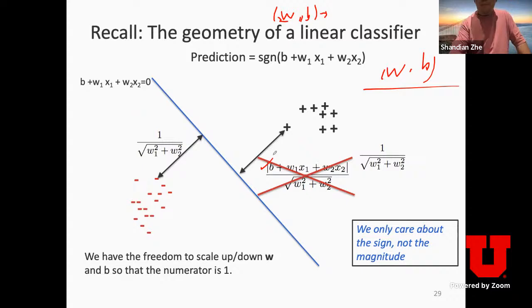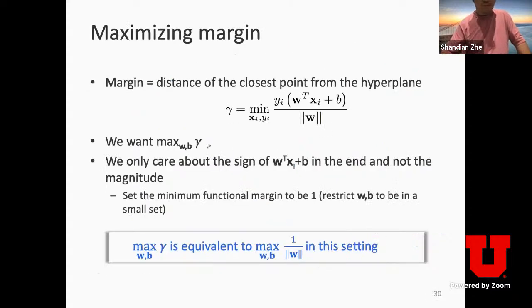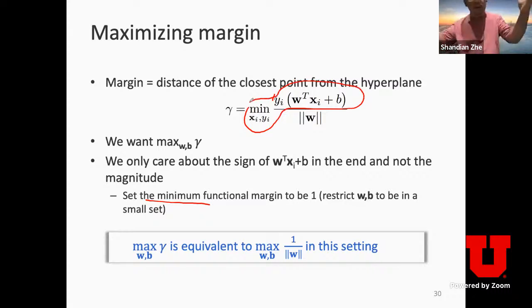In other words, let us intentionally set the minimum function margin, namely the minimum of the numerator across the entire data set, to be just 1. I just put this constraint.